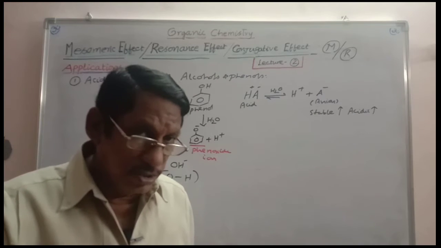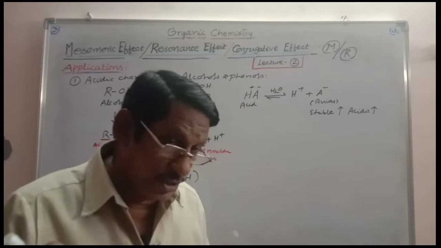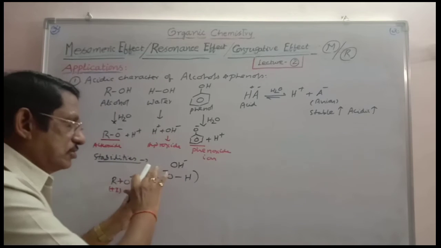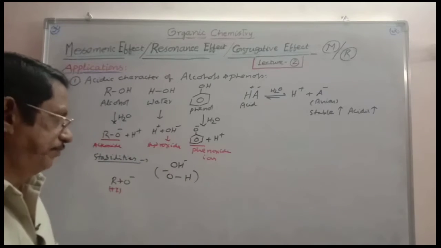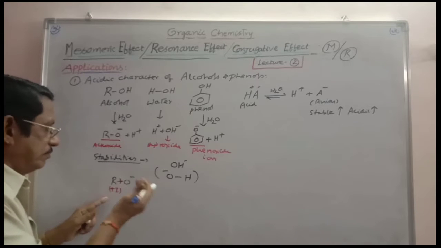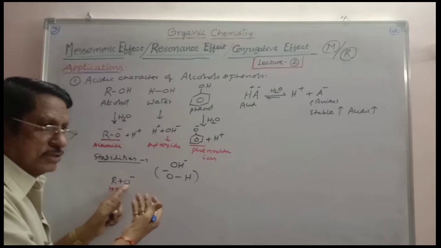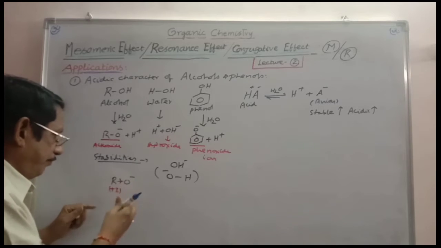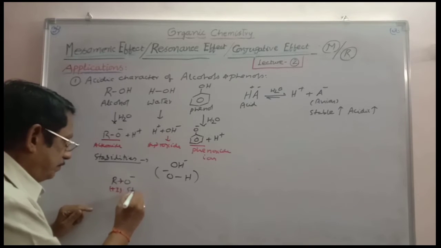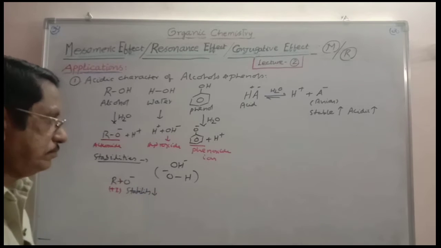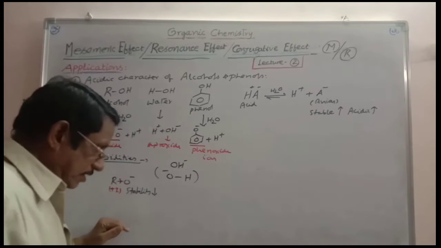Intensification of the charge causes destabilization. That is the fundamental point. And there is no intensification in hydroxide. Here, due to the releasing alkyl group, the charge on the oxygen is increased, as a result of which the stability is decreased. Stability is decreased.